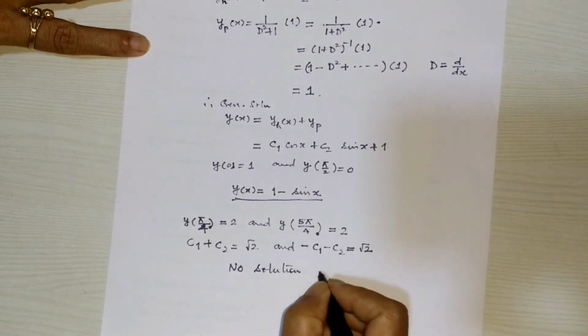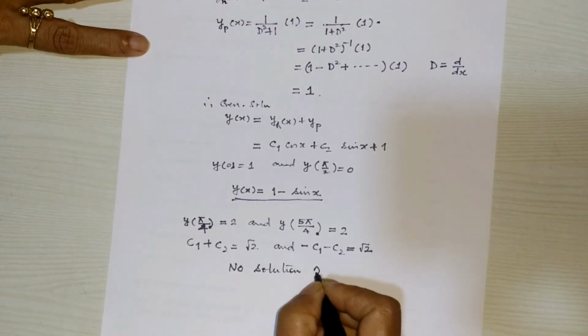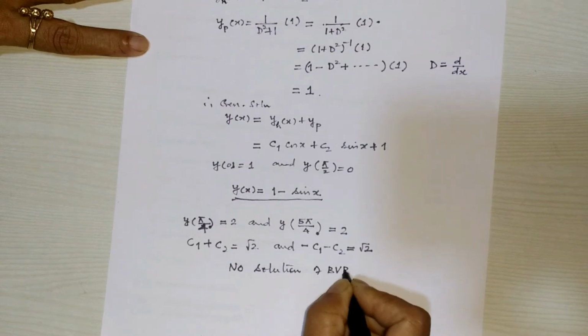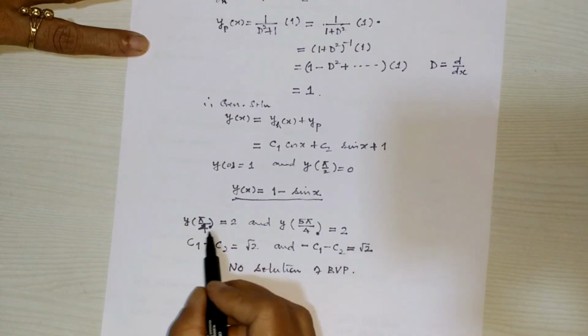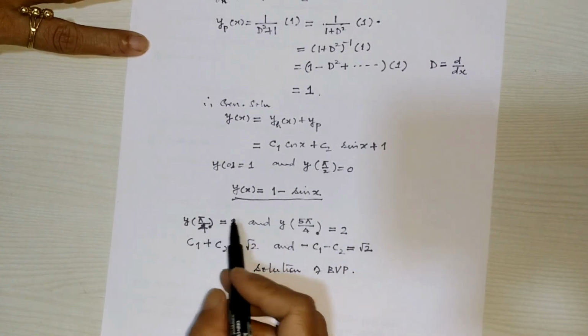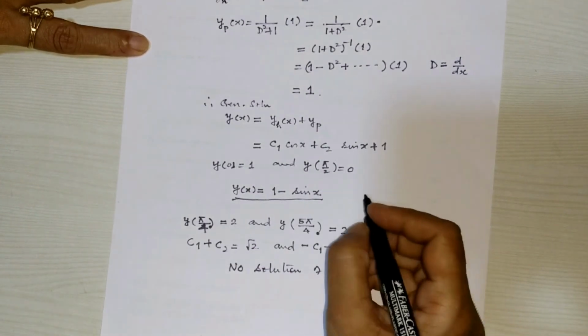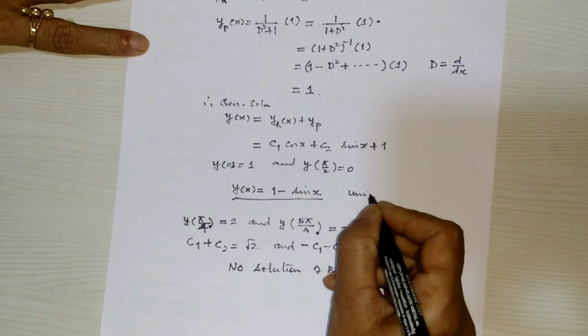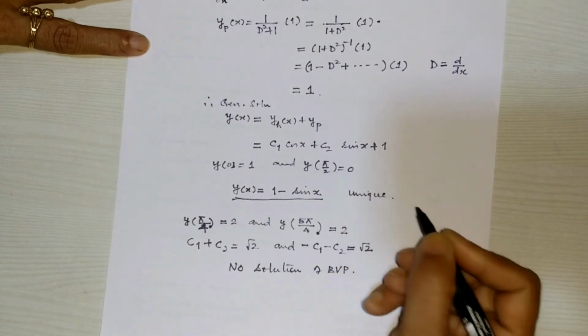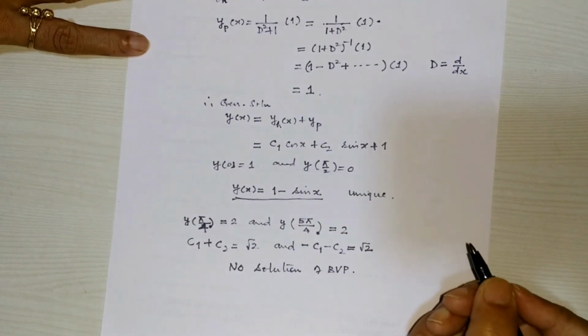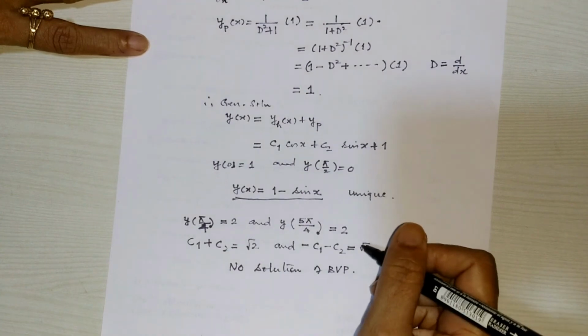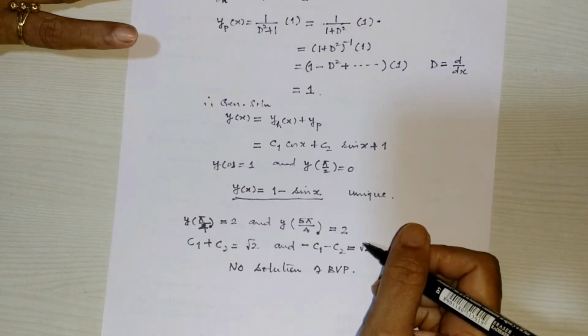Of the boundary value problem, the same boundary value problem but only with changed boundary conditions. Whereas in the previous boundary conditions we had seen that there was a unique solution. So with a slight change in the boundary conditions we can see that the boundary value problem behaves differently.